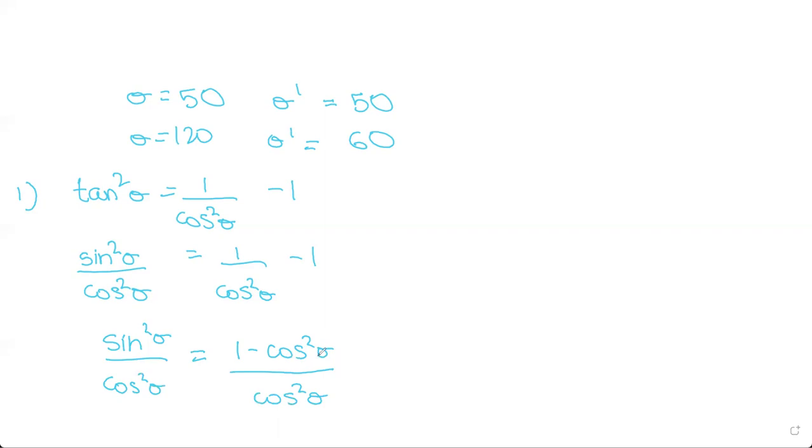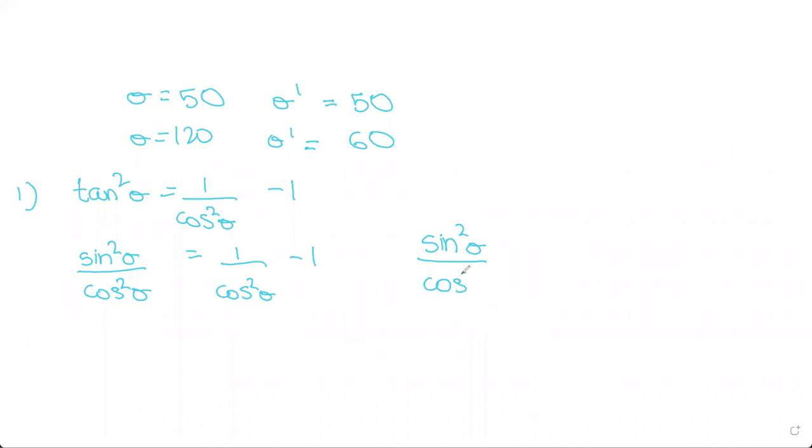Or instead of using the other side, what we can do is take this to this side. So this becomes sine square theta divided by cos square theta minus 1 by cos square theta minus 1.